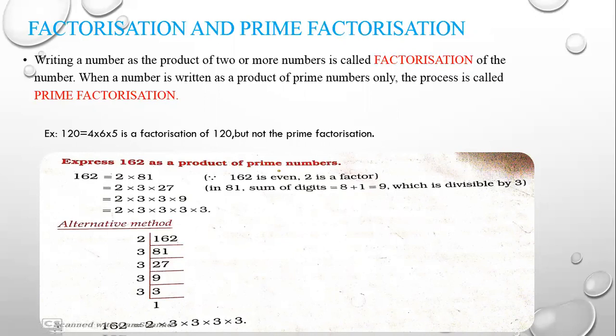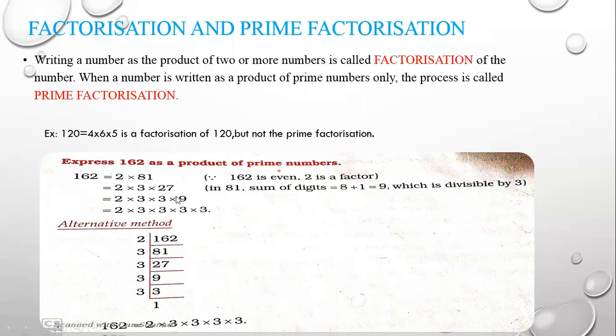Next, we have the number 81. For 81, find the sum of digits. Add these two numbers, what will you get? 8 plus 1, 9. So 9 is divisible by 3. So you can write it here, 2 cross 3 into 27. Similarly, for 27, again you have to find the factors. That is 3 into 9.